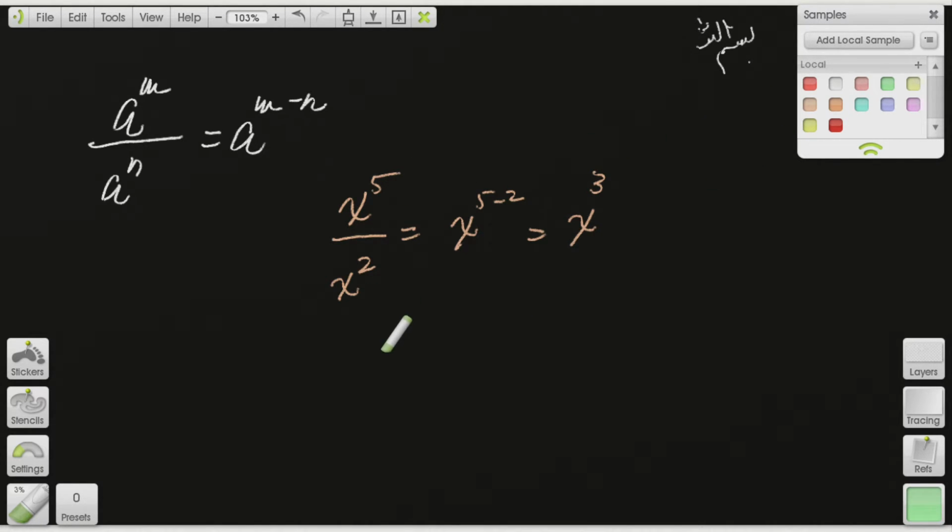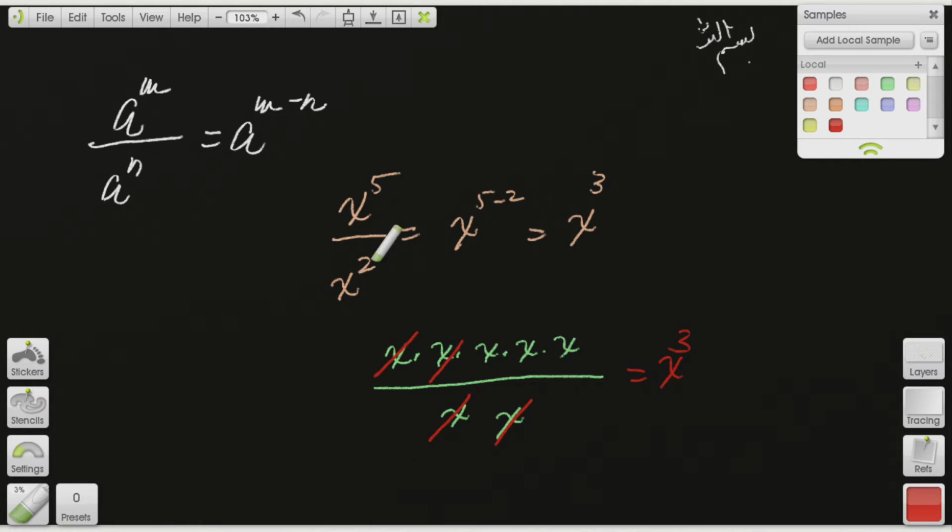Now, the way I think about this is like there are 5 x's on the top, and there's going to be 2 on the bottom, and you can divide them like this. 2 of them go here, and only 3 left over here. So you kind of subtract them, so to speak.